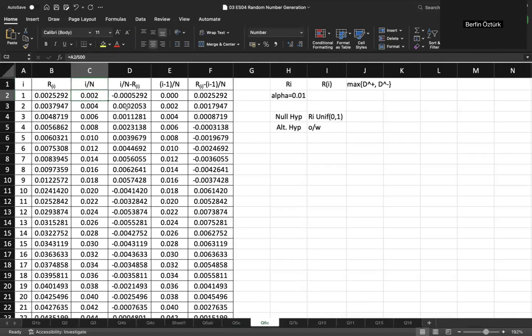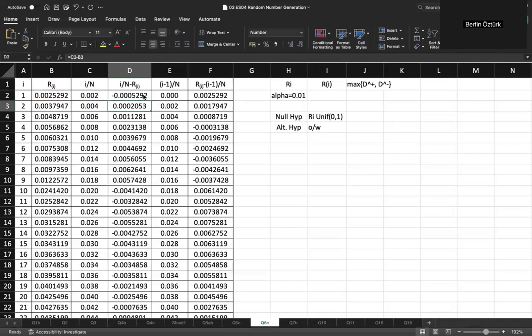So we are dividing this A2 value, which is the i value, over 500 for every cell, and we propagate it down after writing this for the top cell. After computing i over n, we are computing i over n minus R(i), so we are subtracting this R(i) value from this i over n value.